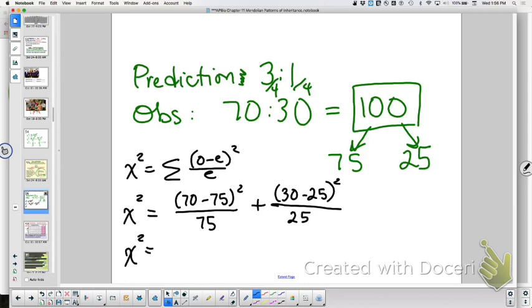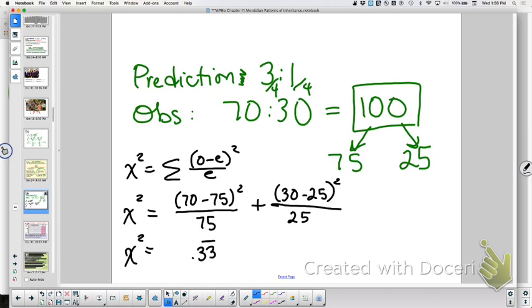Okay, are you at least that far? Yeah. Okay, all right. So 70 minus the expected 75, observed minus expected, that's 5. 5 times 5, because I'm going to square it, is 25. 25 over 75. Can somebody give me that number?